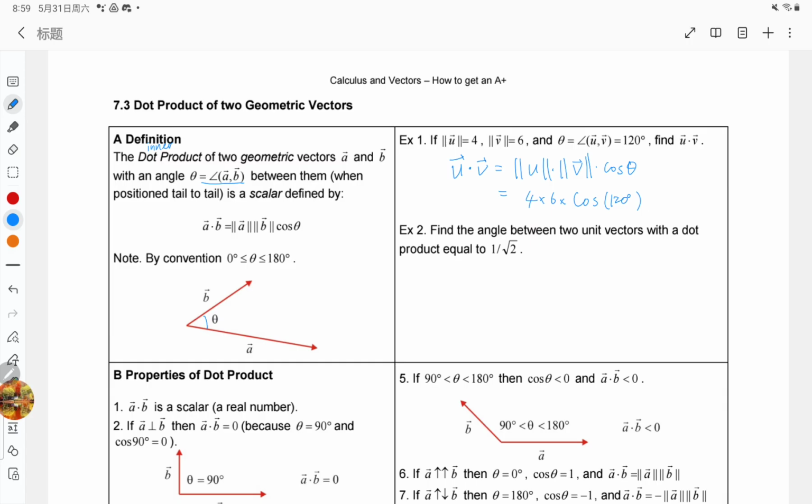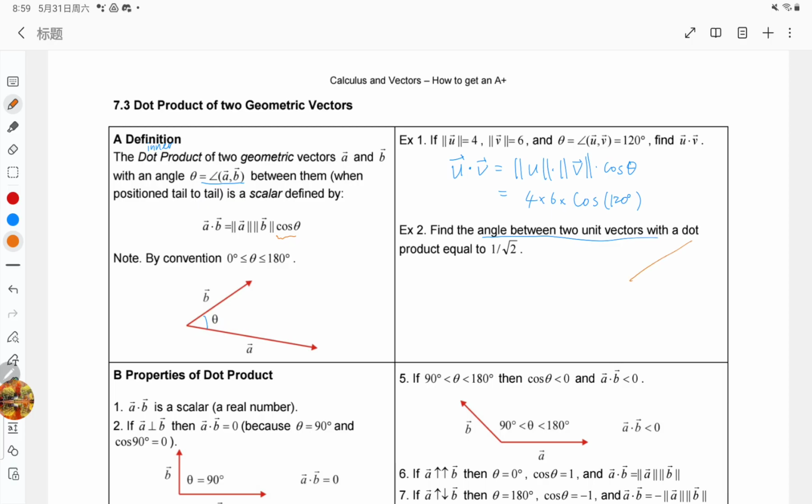And then, find the angle between two unit vectors with a dot product. Because this formula contains cosine theta information, we can use the inner product to calculate theta, right?